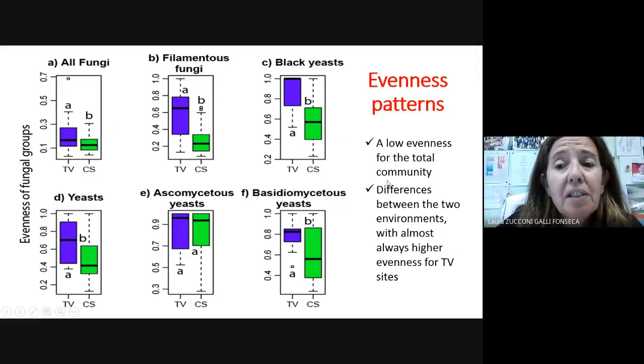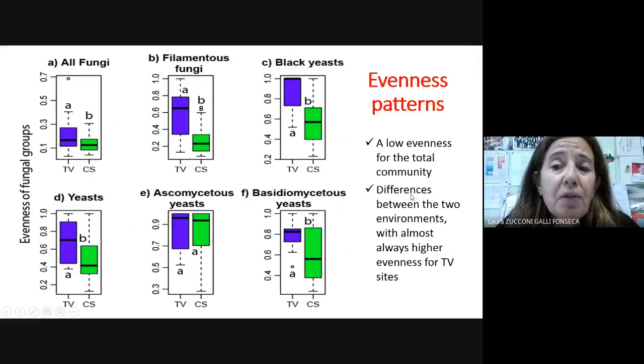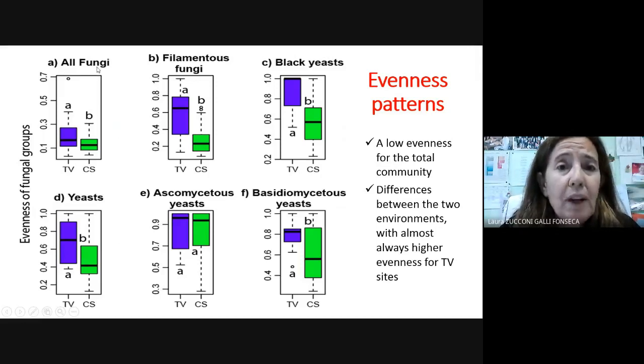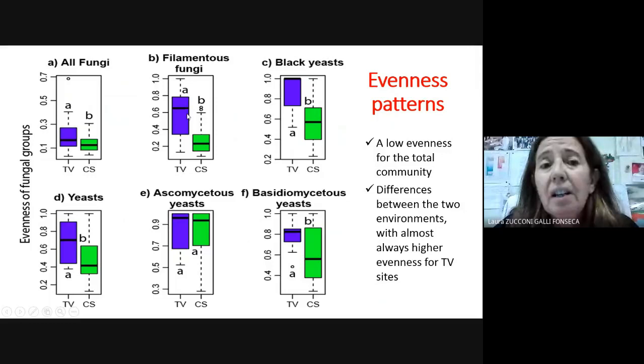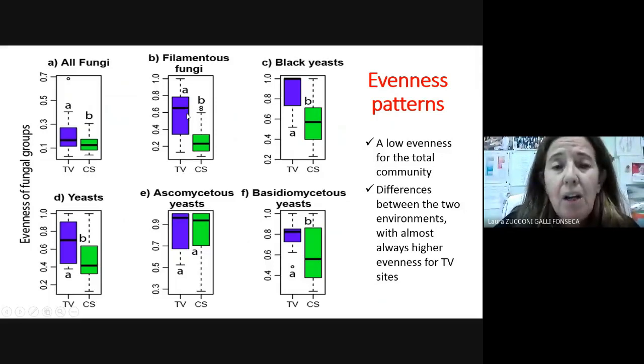A second interesting result is the presence of differences in almost all the cases here reported for all fungi and all the other growth forms, with higher values for the inner sites, with the only exception of ascomycetes, suggesting a higher resilience ability for the inner sites compared to the coastal ones.